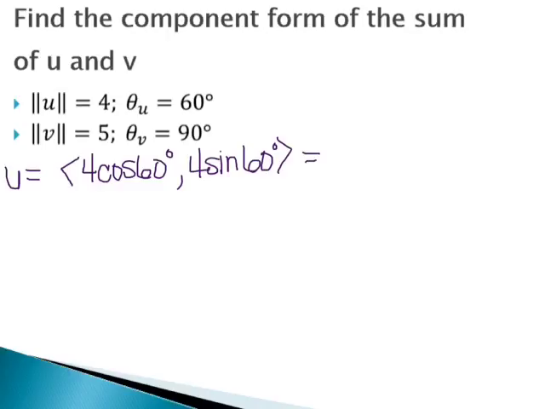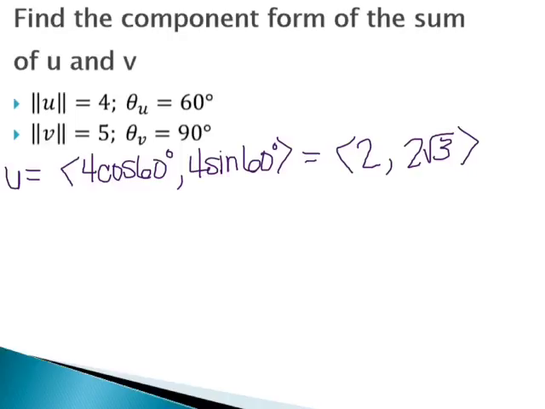We know that the cosine of 60 degrees is 1/2. So 4 times 1/2 is 2. And we know the sine of 60 degrees is radical 3 over 2. So 4 times radical 3 over 2 would be 2 radical 3. I do expect that if we have any angles that are from our unit circle, you keep those exact.